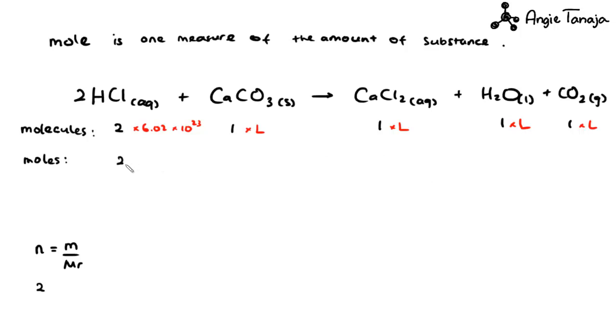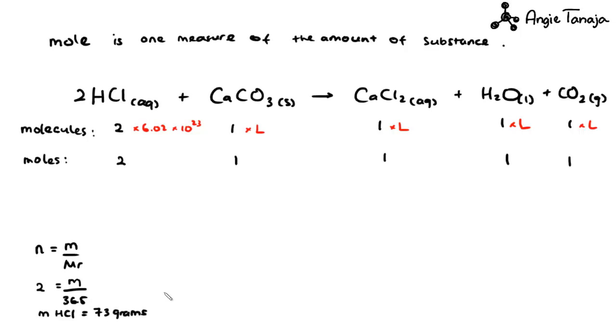So the number of the mole will be 2, 1 mole, 1 mole, 1 mole, and 1 mole. This one is molecule and this one is moles. So if I have 2 moles of this HCl, I know the Mr of HCl is 36.5. Then the mass of HCl that I have for 2 moles is equal to 73 grams.